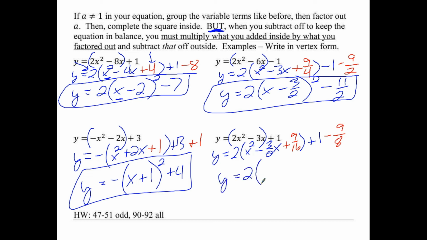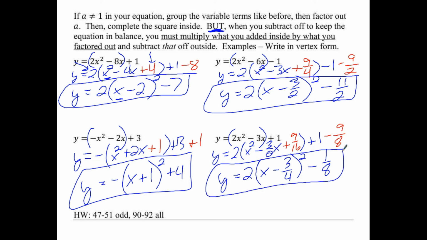Two times minus 3/4. Okay. It is negative minus 1/8. 1 turns into 8/8. 8 minus 9 is negative 1, so we have negative 1/8, minus 1/8. And we're done with the section.